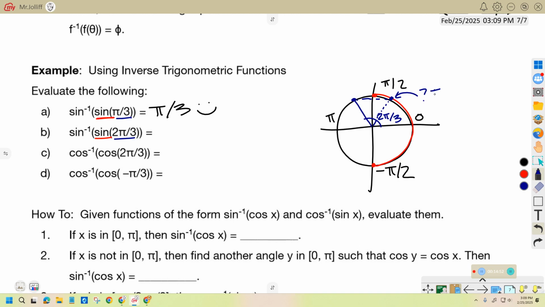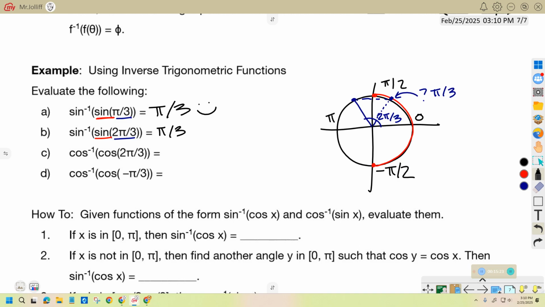That's pi over 3, which means my answer is pi over 3, because sine of 2 pi over 3 is equal to sine of pi over 3. And I need to use the angle that exists in the red zone. So I'm using pi over 3 instead of his reflection at 2 pi over 3. That's it. That's all we're doing.